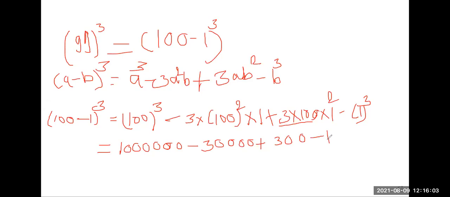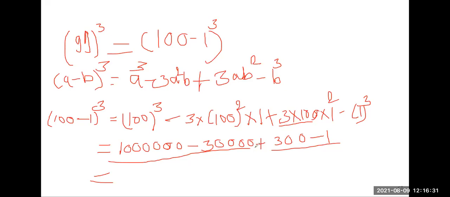So now here you can do subtraction and addition directly. You can do this subtraction and that subtraction, then add. Or you can add the positive numbers first and then subtract all the negative numbers. So what will you get? You need 10 lakh minus 30,000.